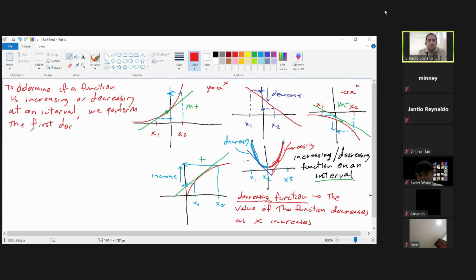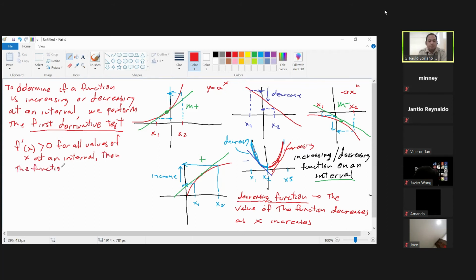The first derivative test, wherein if we have f prime of x greater than 0 for all values of x at an interval, then the function is increasing at that interval.